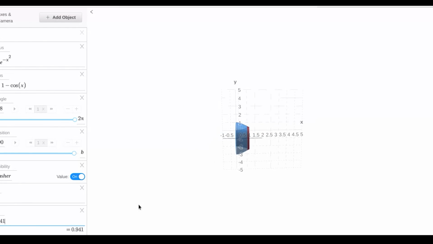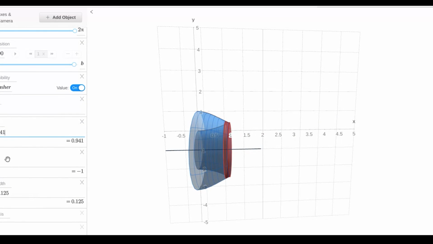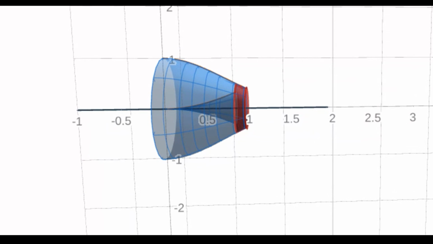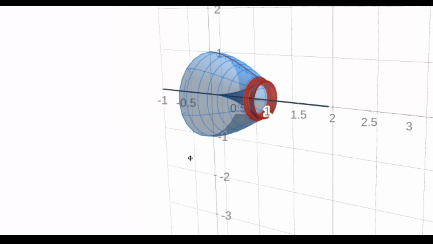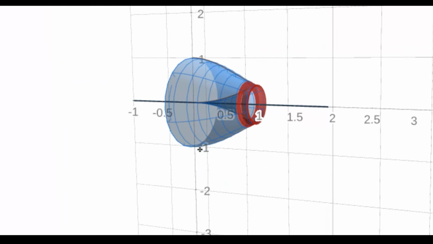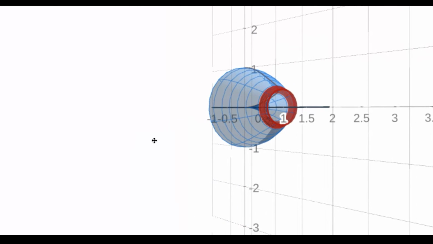Oh, and we want to be going around the x-axis, don't we? There you go. All right, so here's what it looks like. You can see it's got that cone-shaped hole in it that you can see through, but on this side it's totally solid. So that's basically what we're working with here.